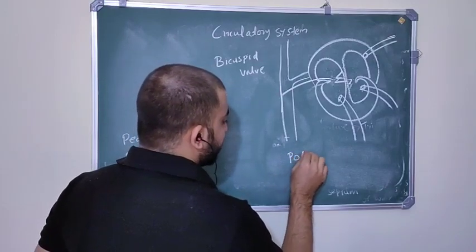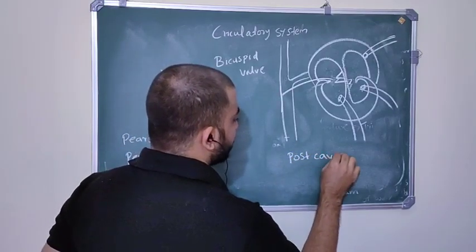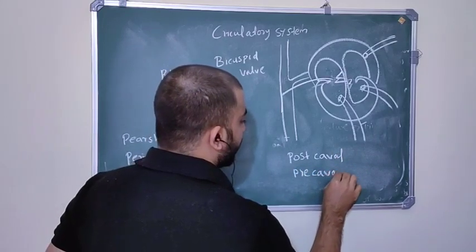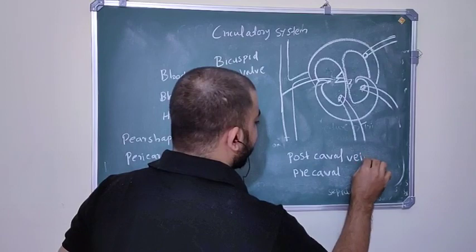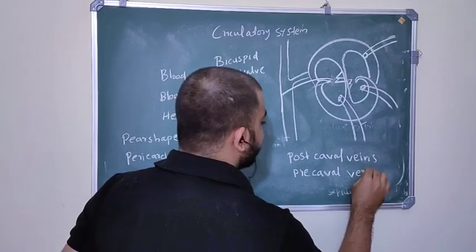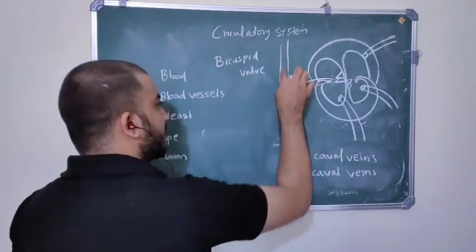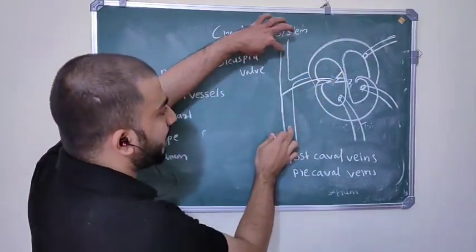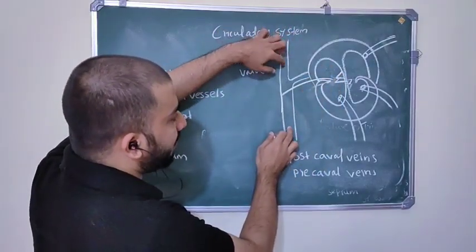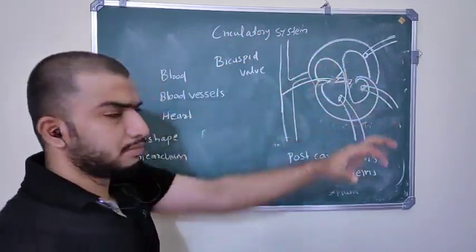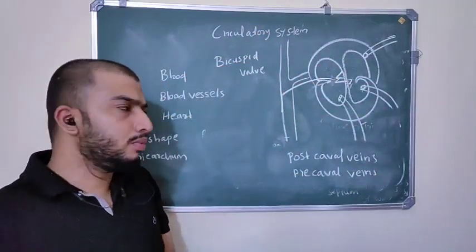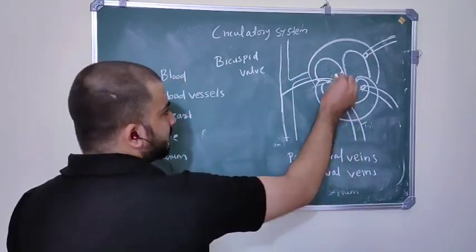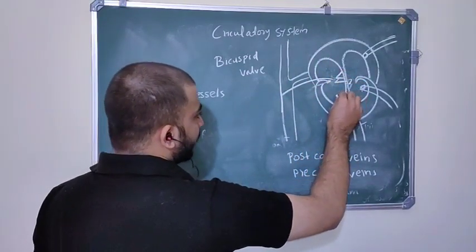Those blood vessels are the postcaval veins and precaval veins, which bring deoxygenated blood into the right auricle. So this is the postcaval vein and precaval vein. They bring deoxygenated blood from different parts of the body into the right auricle. From this right auricle, blood goes to the right ventricle.